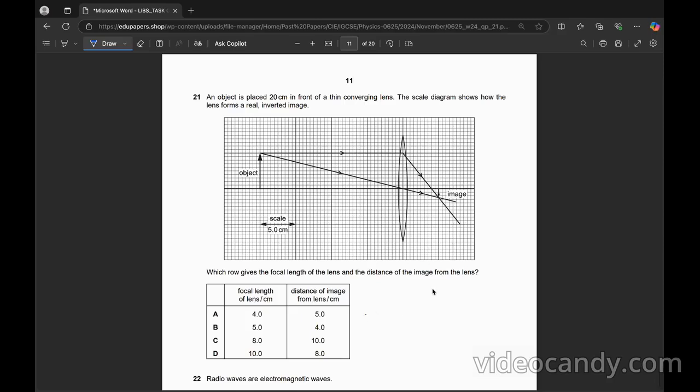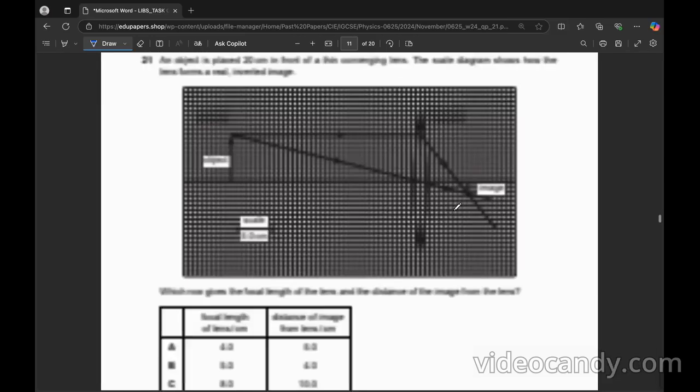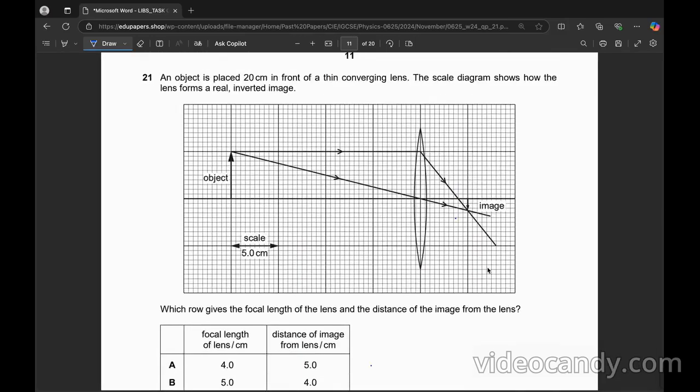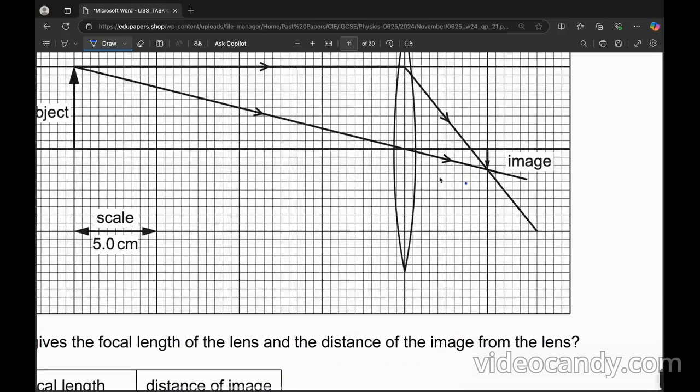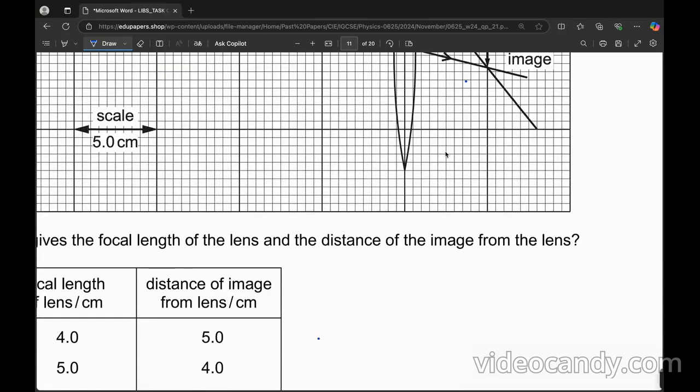For the distance of the image from the lens, this is the center of the lens, and you can see this is 5 centimeters. So you can just choose the 5 centimeter one.